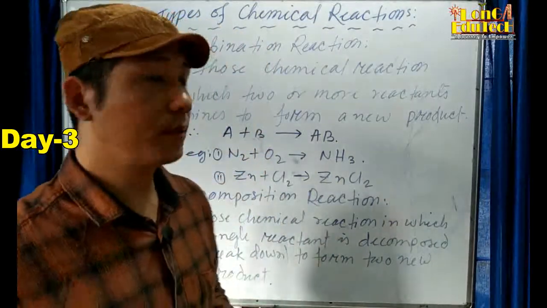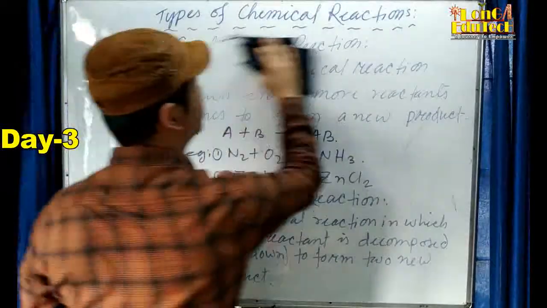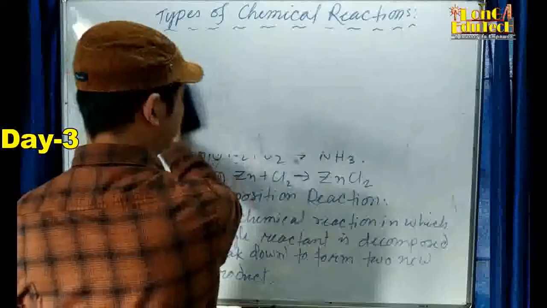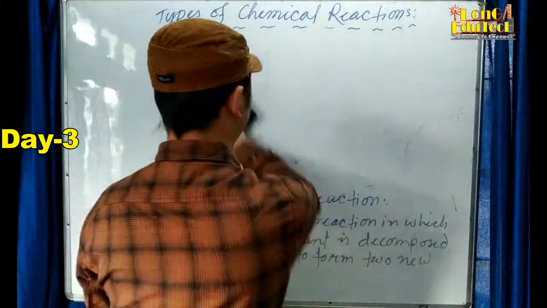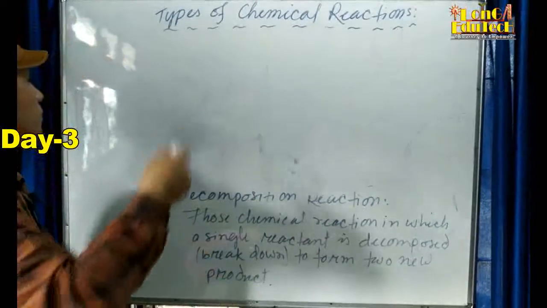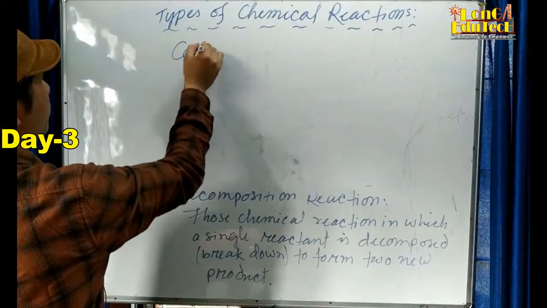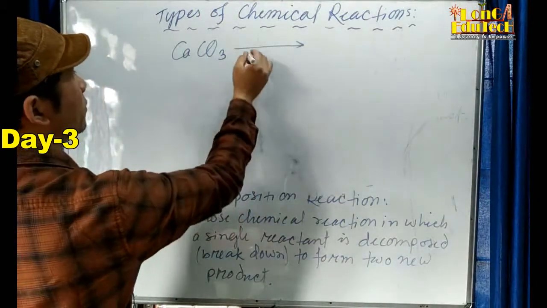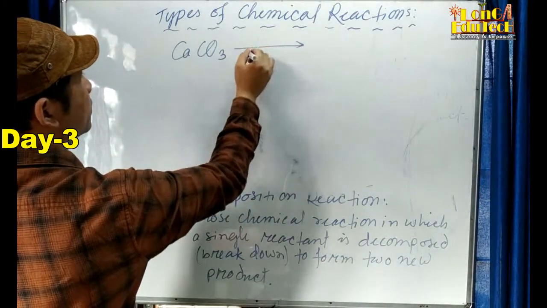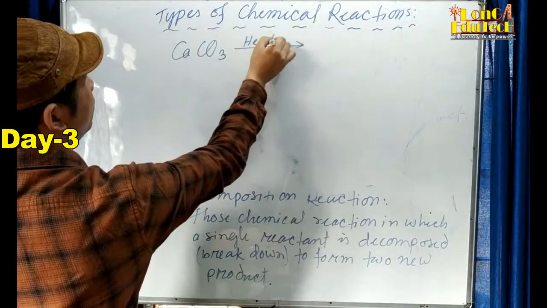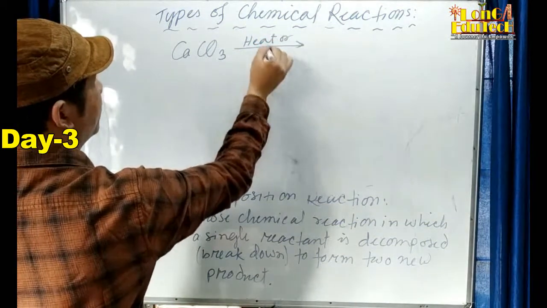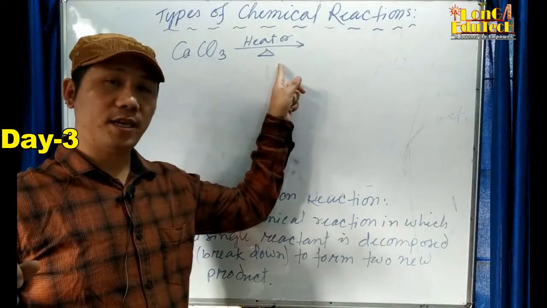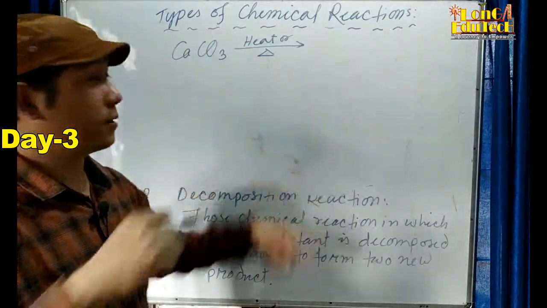Let's see the examples. Calcium carbonate. When we heat it, we can write heat, or we can write delta. In chemistry, this triangle is a Greek letter called delta. It denotes heat.